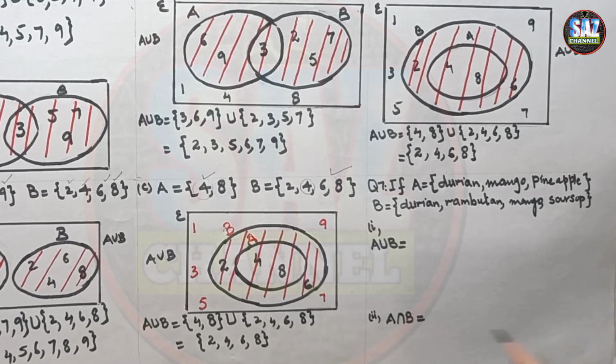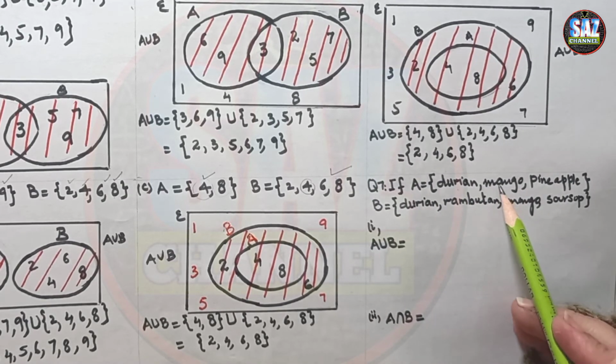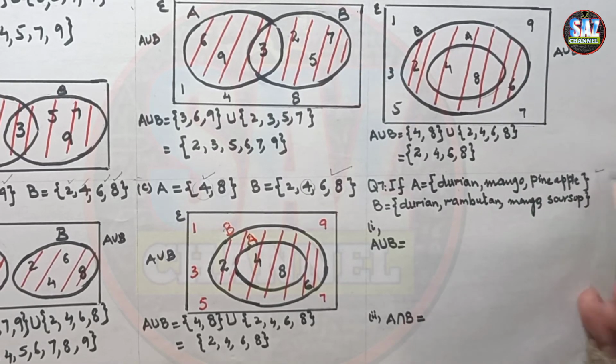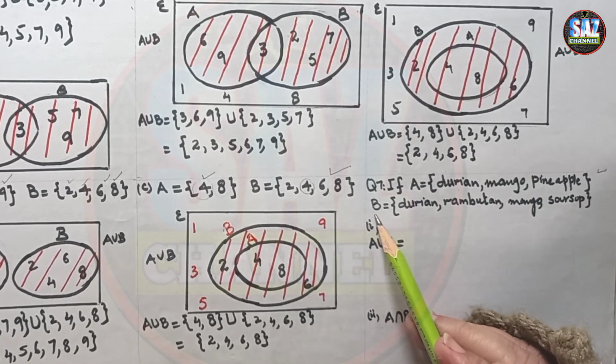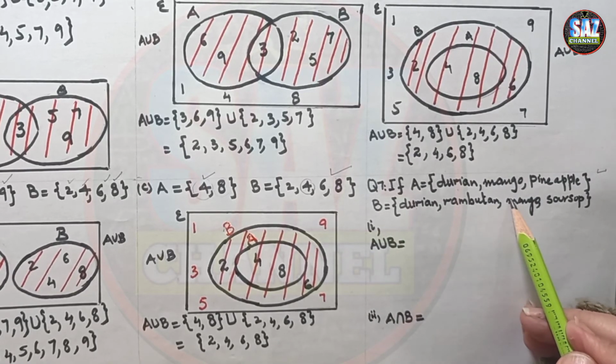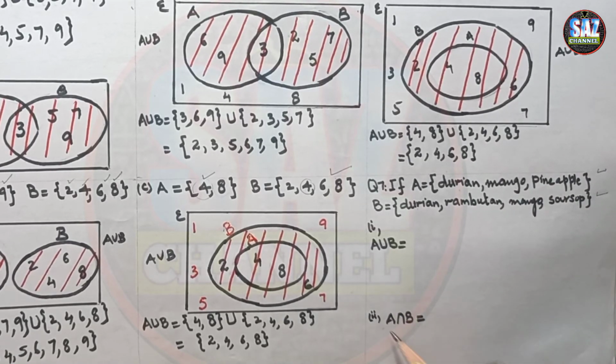Question 7 says, if set A contains durian, mango, pineapple, these 3 edible fruits, and B contains durian, rambutan, mango and soursop, we have to find the union and intersection. Really easy question.